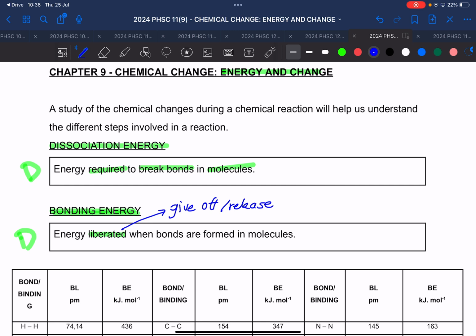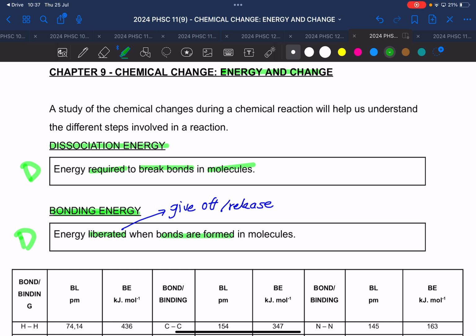Okay, so liberated means to give off or to set free. So bonding energy is the energy that is given off, liberated, when bonds are formed in molecules. Bonding energy is not the energy required to make a bond. It's the opposite.